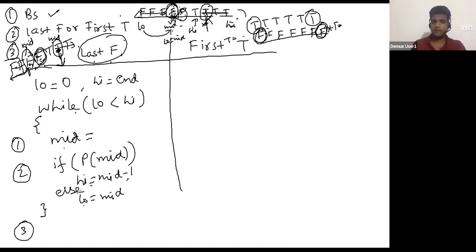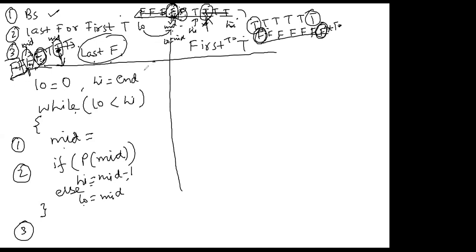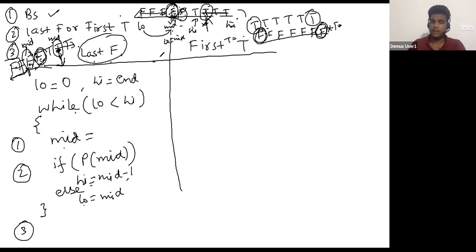But even then you can say that same argument for this else also. If my mid is already the last F, that does not mean that, see, we want to guarantee log n time in searching for that last F or the first T. That's all we are guaranteeing. We are not saying that if the element is at the mid, I will give you in the first go itself. That kind of claim we cannot make because that's very specific to the input itself, right?